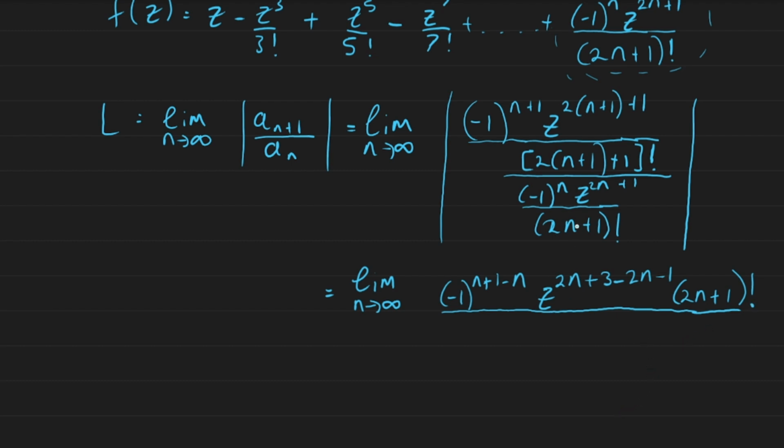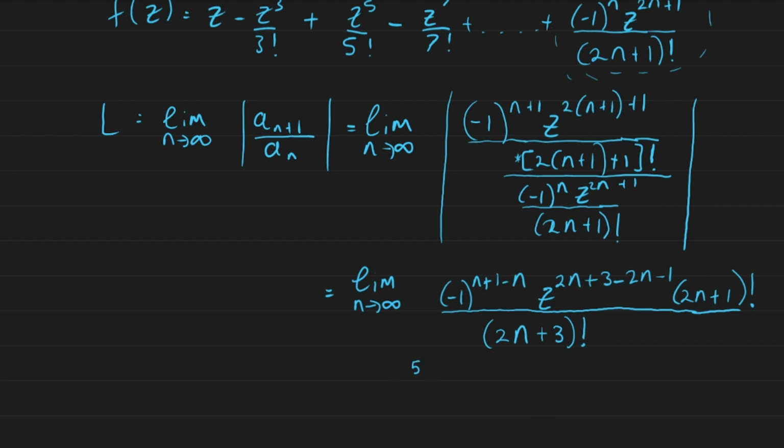So now what's left? What's left is this term. So what it is, 2n, then 2 times 1 is 2, then 2 plus 1 is 3. So we have (2n+3) factorial. Okay, but remember now what is factorial.